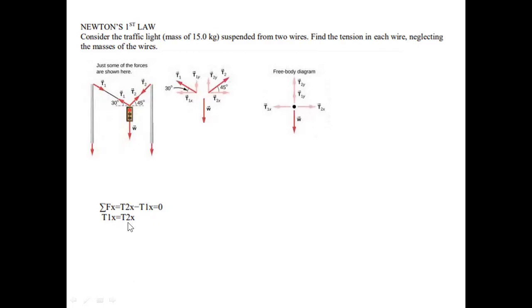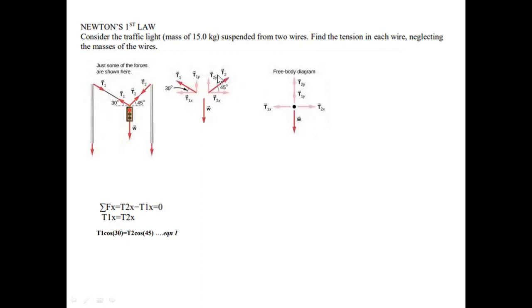If we further expand these formulas, we consider the trigonometric horizontal components of T1 and T2. For T1x, since it is adjacent to its hypotenuse T1, we use cosine of 30 degrees equals T1x over T1, so T1x is T1 times cosine 30 degrees.